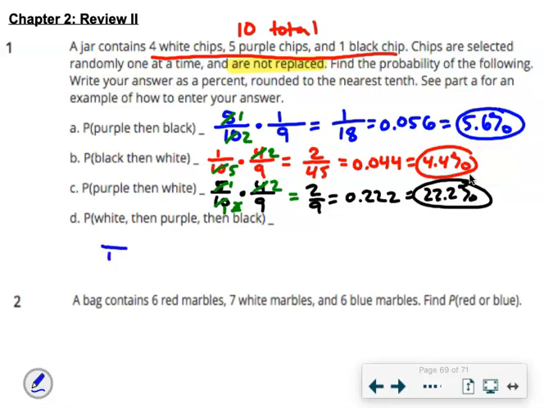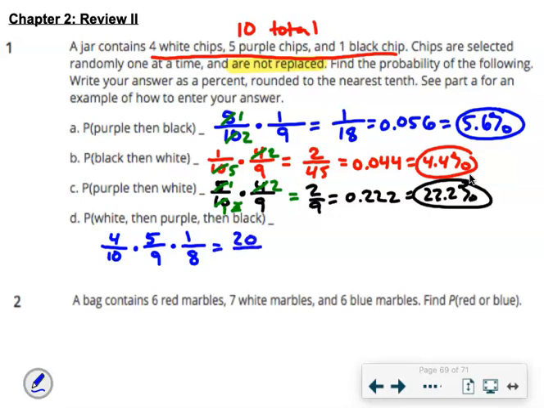Last one, white, then purple, then black. Out of 10, there are 4 white chips. There's only 9 chips left. 5 of them are still purple. Now there's only 8 chips left, and 1 of them is black. Okay. So when you do this one, we get a total of 20 along the top, 4 times 5 times 1.